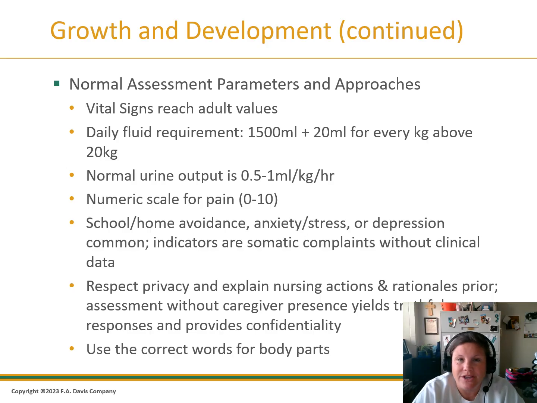So if you were given a calculation problem where the patient's weight was told to you either in pounds or in kilos, you should be able to mathematically determine what is an appropriate output for that patient based on their weight. Doing that would mean multiplying it by 0.5 and multiplying it by 1 and determining if the volume that they're having in urine output is within that range or not.